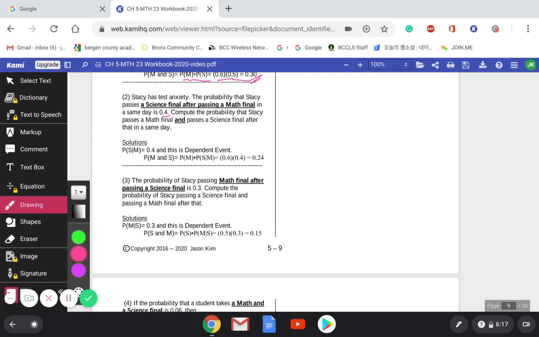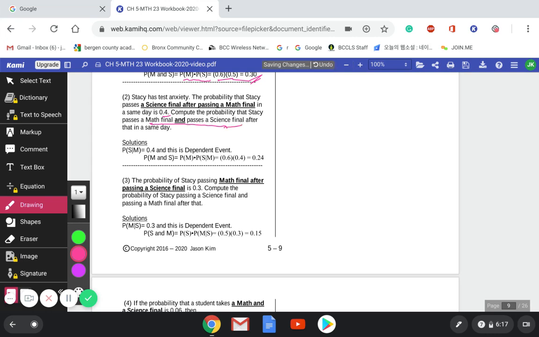Whichever final she liked first gives her better confidence, so she probably did better. But in the same day it's 0.4. Compute the probability of Stacy passing the math final and science final in the same day.